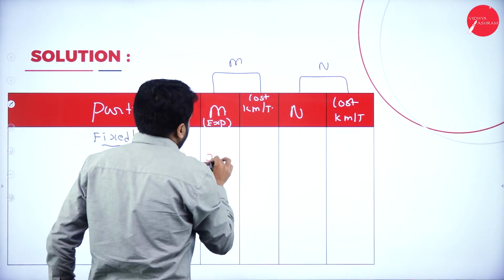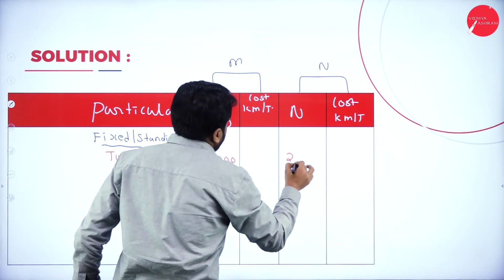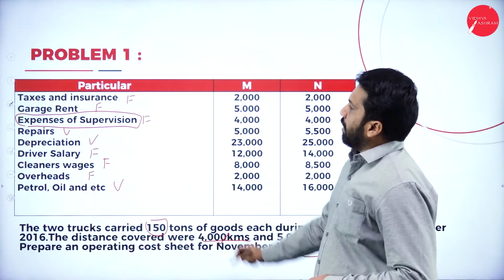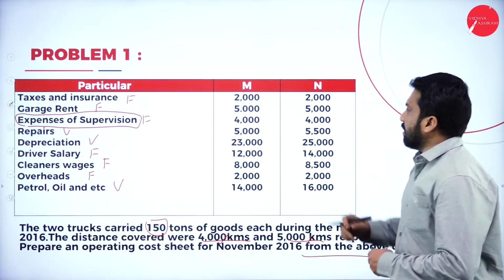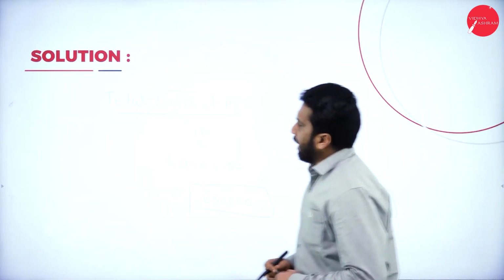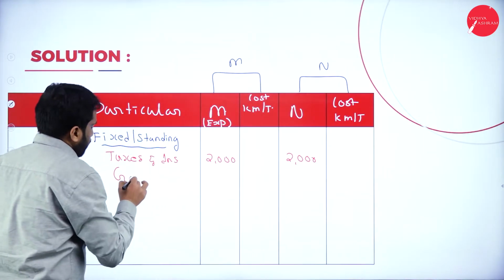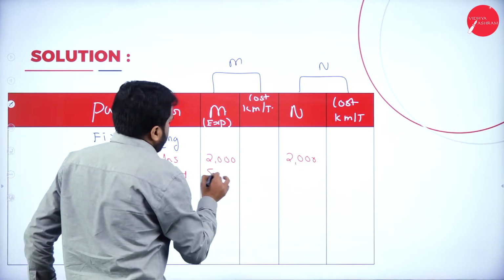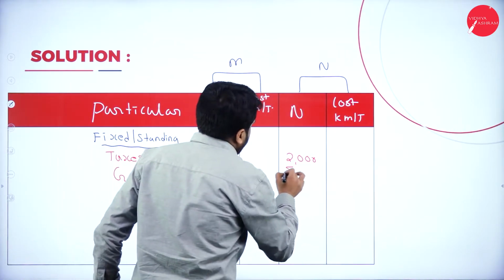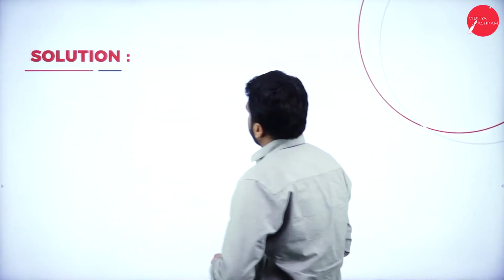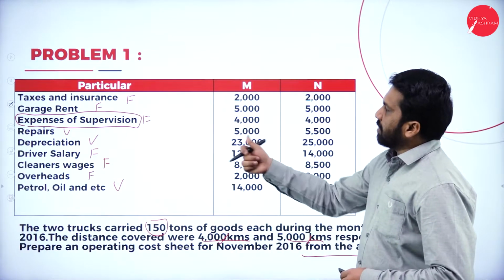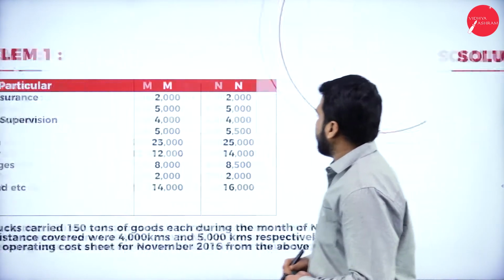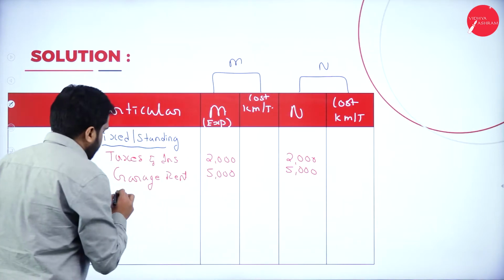After this, we have garage rent, 5000 and 5000. Then after this, we have expenses of supervisor, 4000 and 4000.